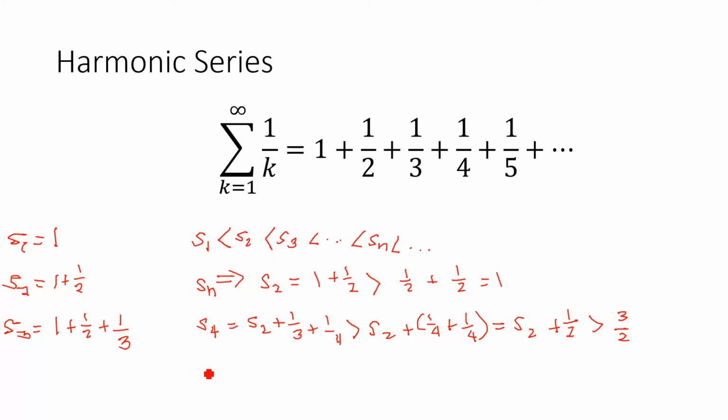Therefore, this proves that the harmonic series diverges. And since it diverges, there is no sum.